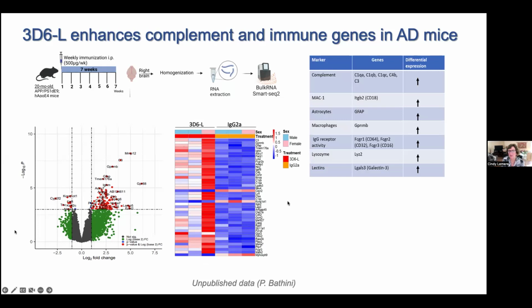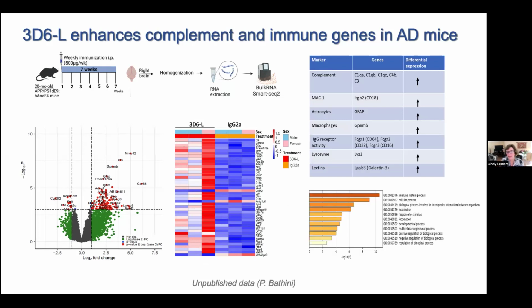He has gone on to do all kinds of pathway analysis and has seen that the majority of the changes, upregulation with 3D6, are in complement: C1q A, B, C, C4b, and C3. In Mac-1, which is also part of CR3, the complement receptor 3, and is very important for phagocytosis.